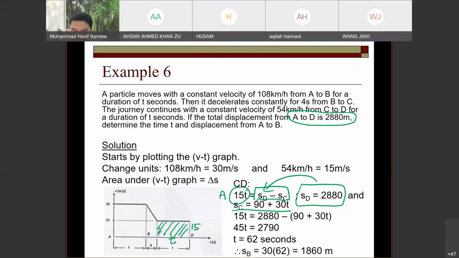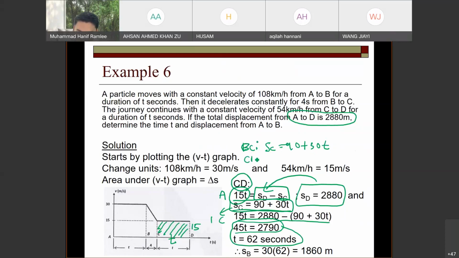And then you substitute this information, the CD equation, into the BC, you will get this formula and the final T here. SC, 90 plus 30T, is coming from BC.